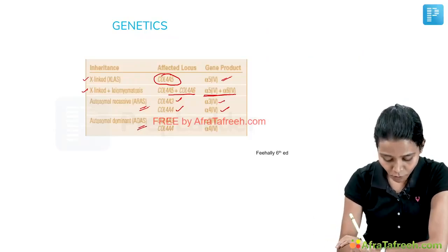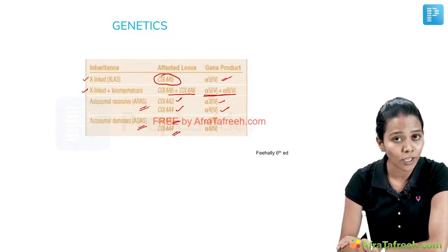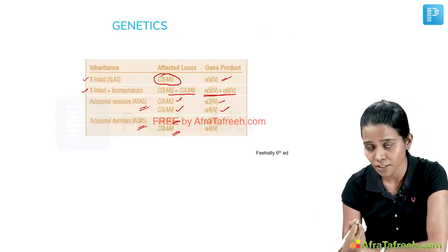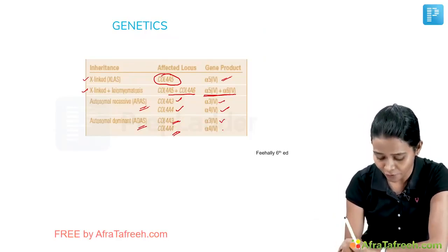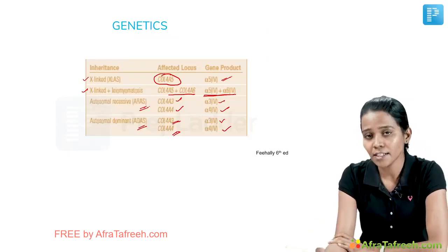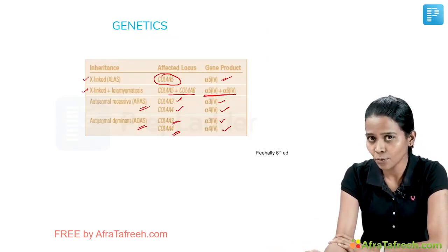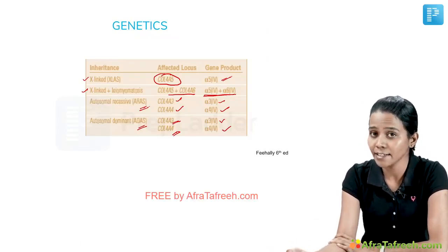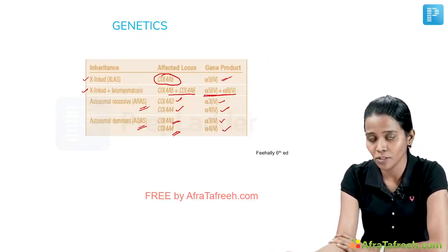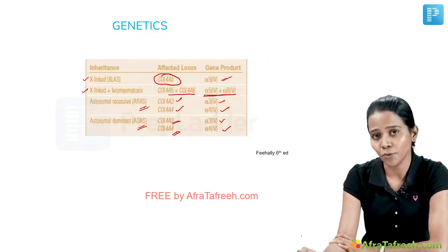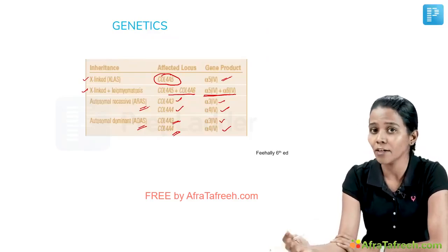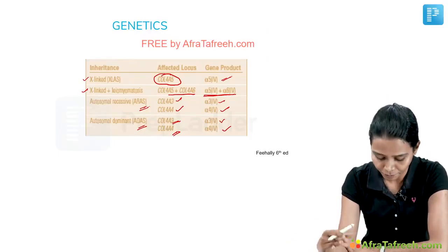Autosomal dominant also has COL4A3, COL4A4 mutation, which causes deficiency of alpha 3 and alpha 4. So, the types of inheritance are X-linked and autosomal. In X-linked, there are two types, plain X-linked and X-linked associated with leiomyomatosis. And in autosomal, there are two types, that is autosomal dominant and autosomal recessive, right?